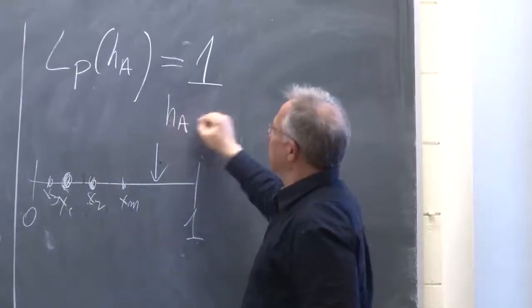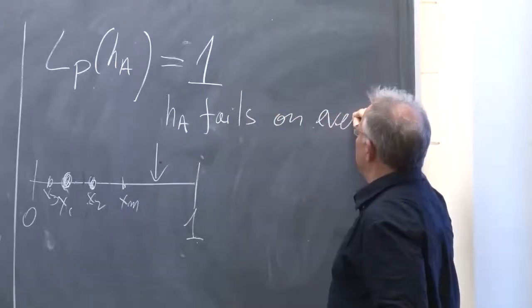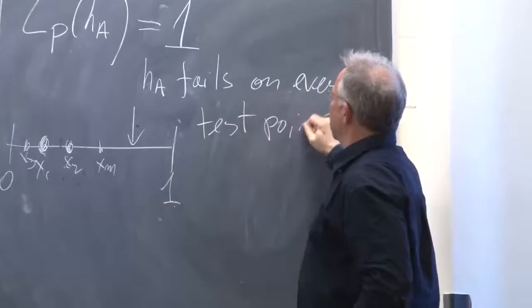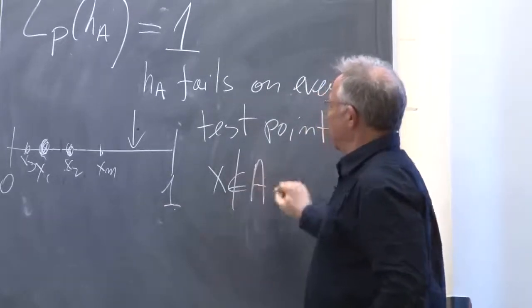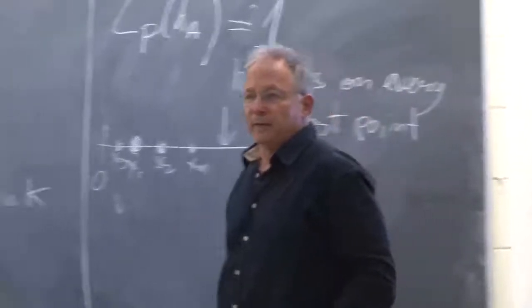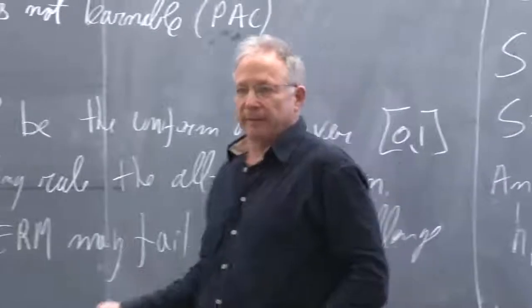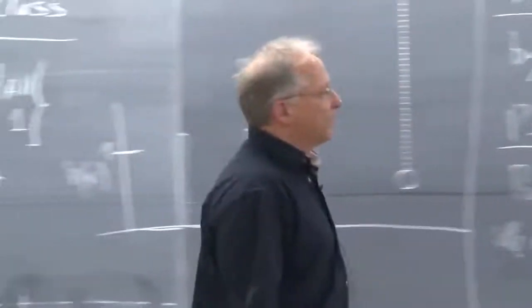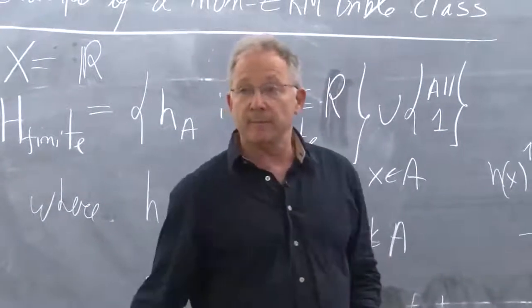H_A fails on every test point x which is not in A. And since A is finite, the probability that the next point will not be in A is 1. So we see here a dramatic failure of ERM on this class.